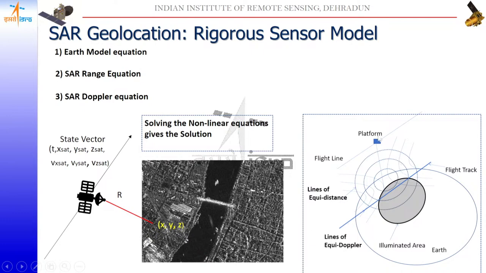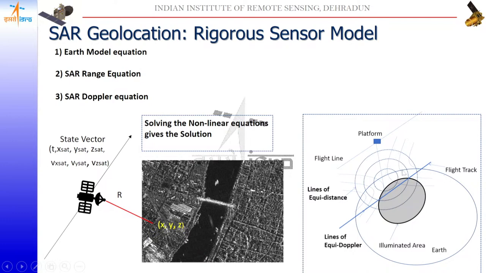Here you can see the platform, the Earth, and the radar beam. Where the beam intersects with the Earth's surface, that point we can geolocate. Here we have the concentric circles, which are the lines of equidistance, and the hyperbolic curves, which are the Doppler lines. We take the intersection of these circles and this hyperbola with the Earth.